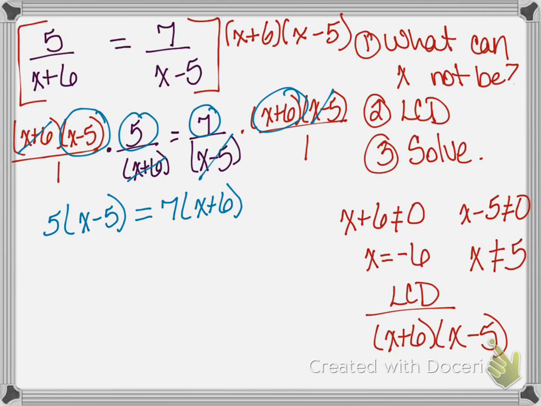What do I have to do? Distribute. 5 times x is 5x. 5 times negative 5 is negative 25. 7 times x is 7x. 7 times 6 is 42.